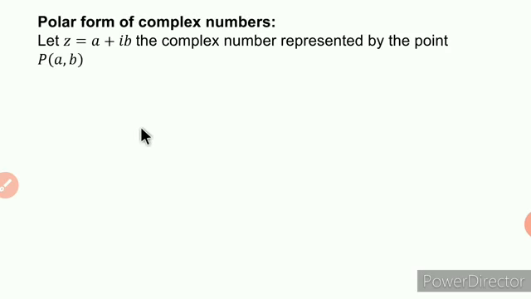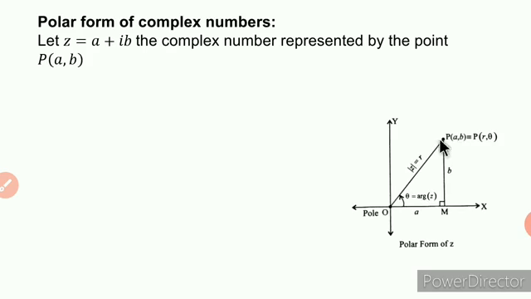Let z is equal to a plus ib be the complex number represented by the point P(a, b). See as shown in the figure, here P(a, b) is the complex number which is shown in this Argand diagram.